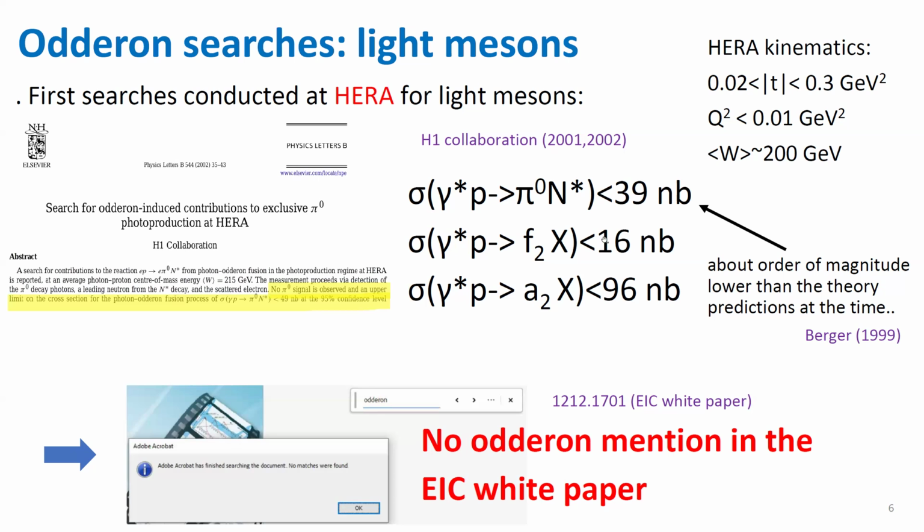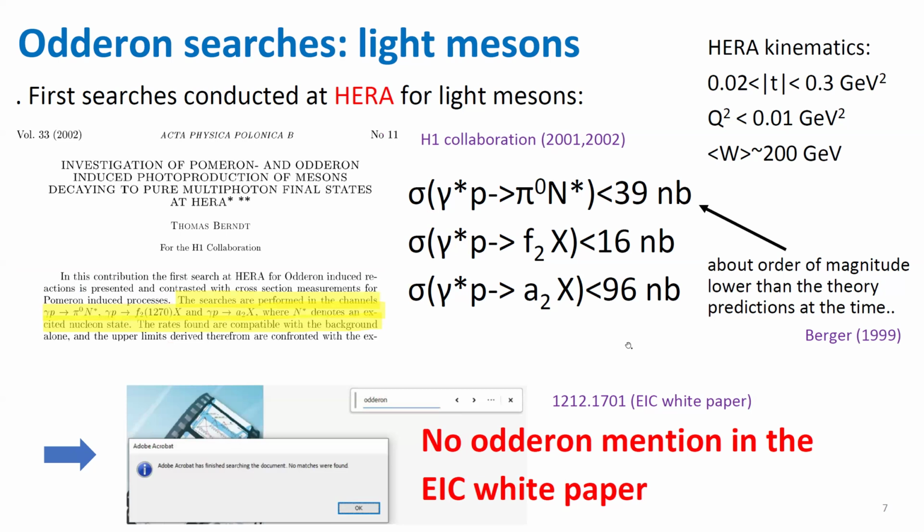Then similar searches were done also for tensor mesons and resulted also only in upper bounds. At that time, the theory computations, and I'm quoting this paper by Berger, gave cross-sections that were actually an order of magnitude larger than this estimate. So it was kind of confusing.